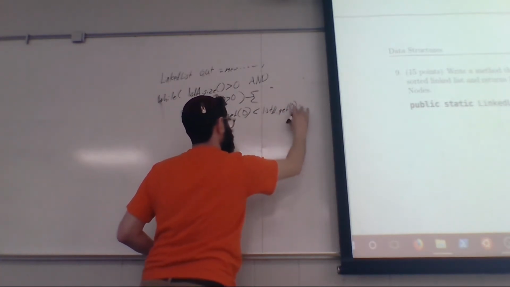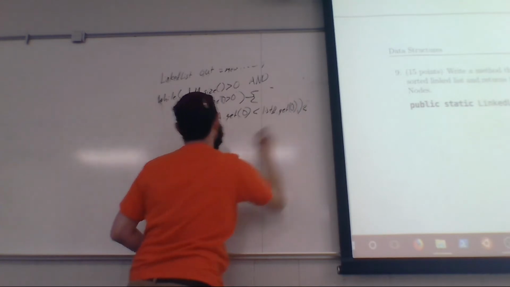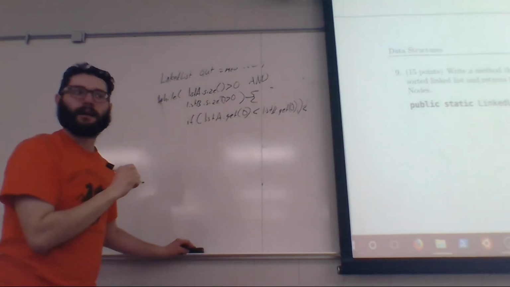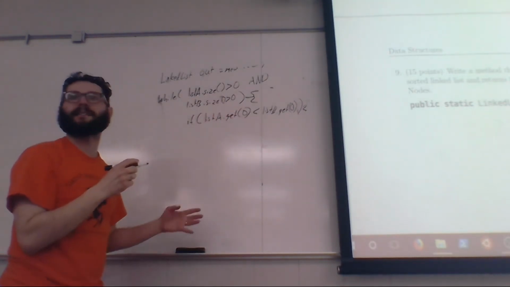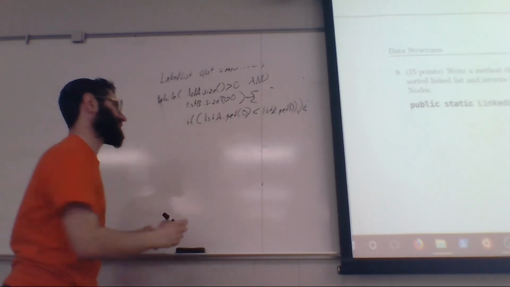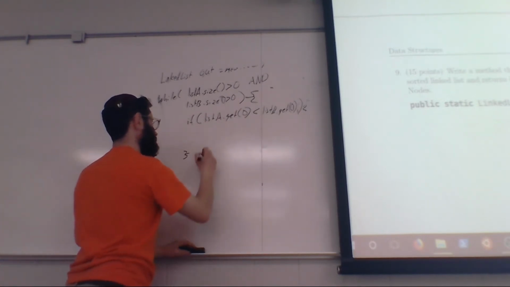So get the head of each. We're comparing the heads of the two linked lists there. Get 0 returns the heads, so those are two constant time checks.